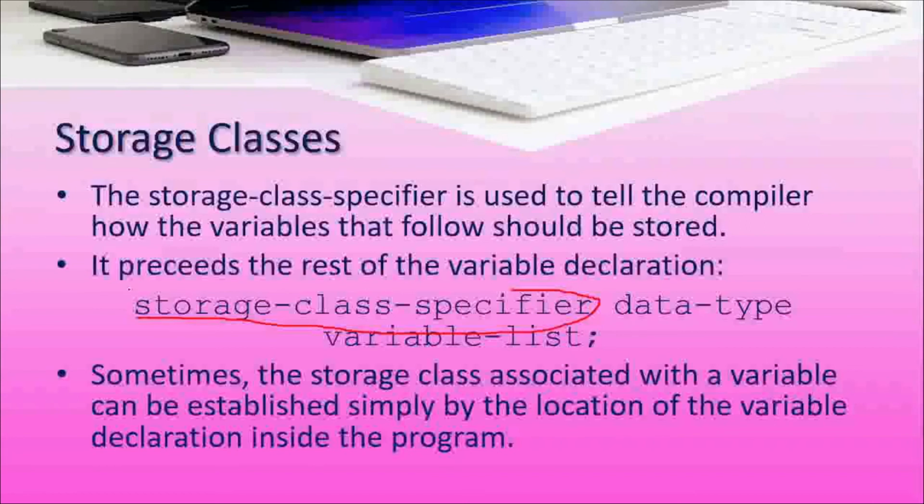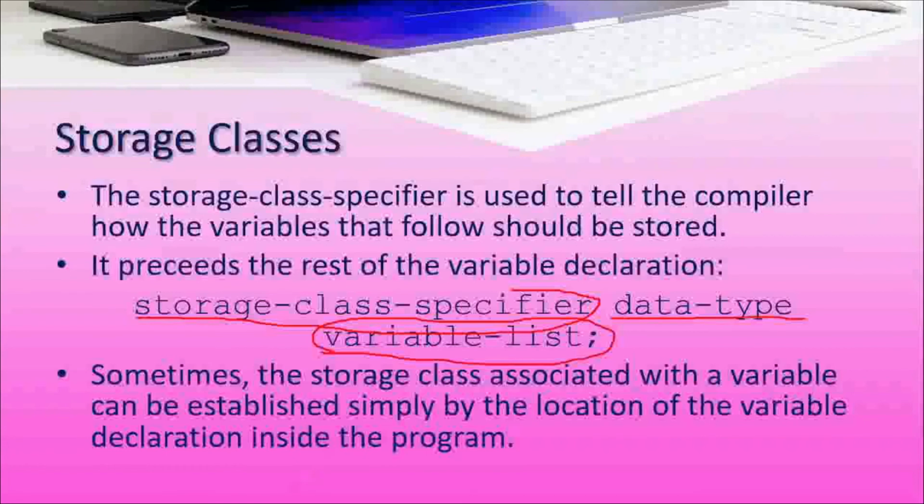Those are the four possible values for the storage class specifier. Then the data type, which can be integer, float, character, long, or whatever available data type. Then the variable list, which is the names of the variables or identifiers used to store the different values used within a program.